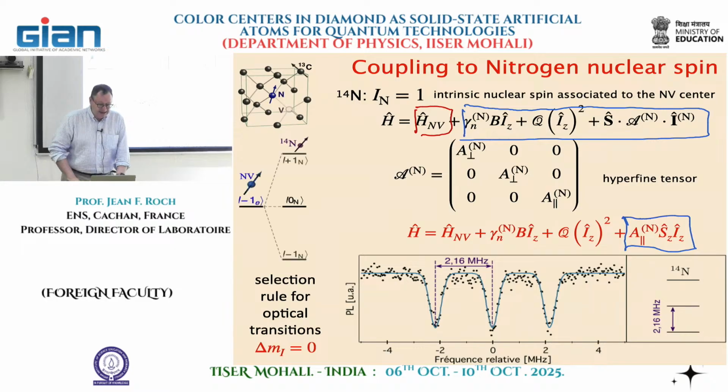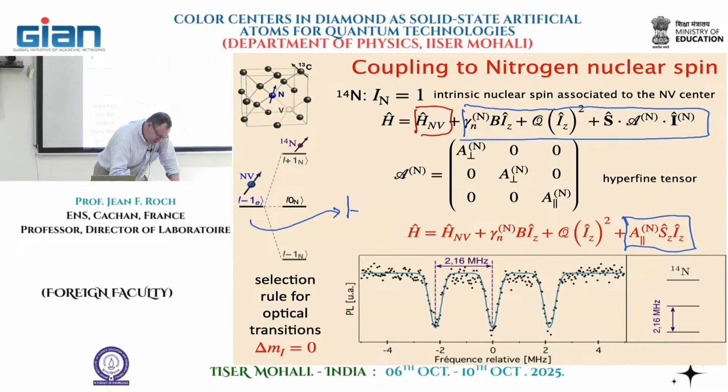So if you take that into account, what does it mean? If I consider, for instance, one level for the NV, which is either ms equals 0, ms equals plus 1, or ms equals minus 1, now with this parameter, the interaction term will lead to a degeneracy that is removed. Here I will have, for instance, minus 1 for the electron and mi.